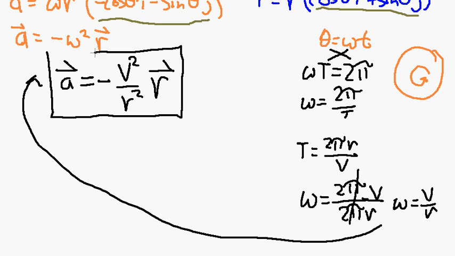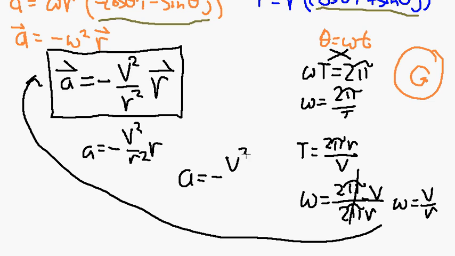Then we get A equals v squared over r squared times r. I'm sorry, that's an r squared down there. So then A equals v squared over r. And so there's our third and final proof of v squared over r.